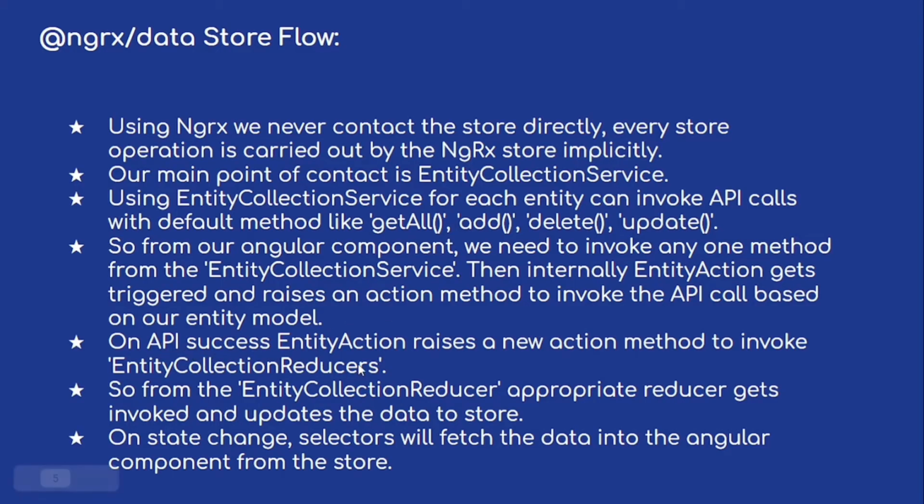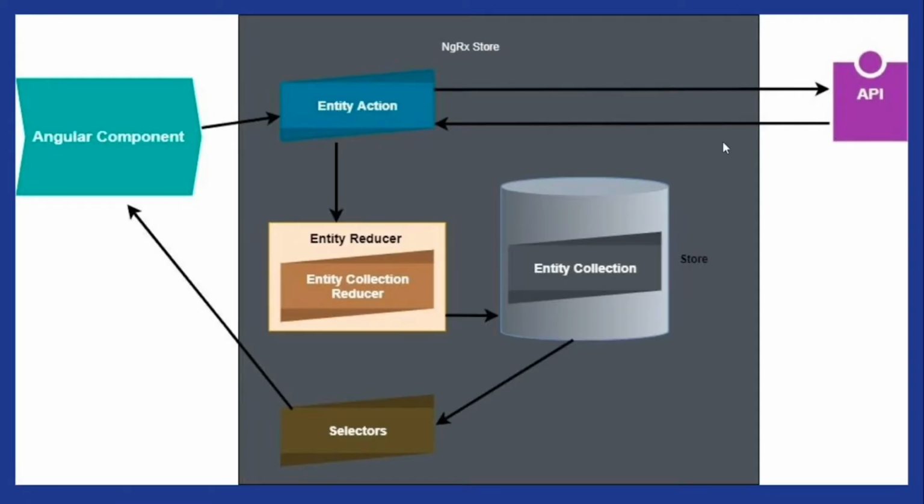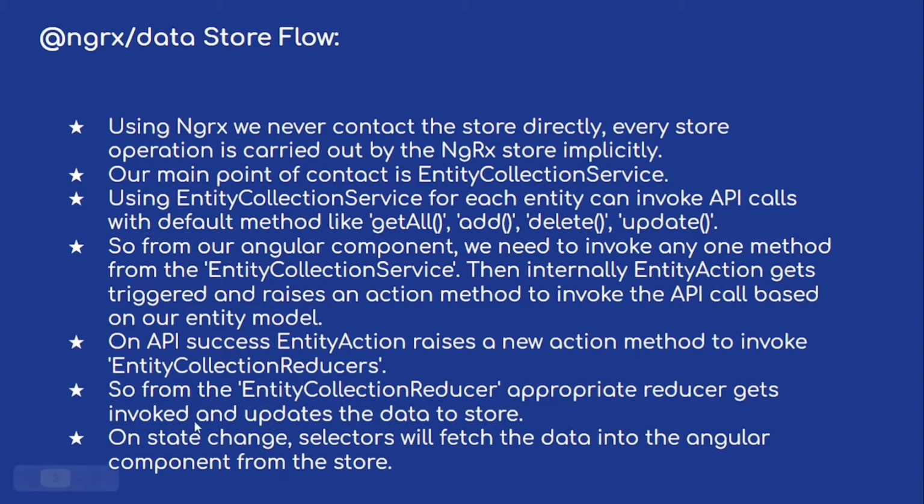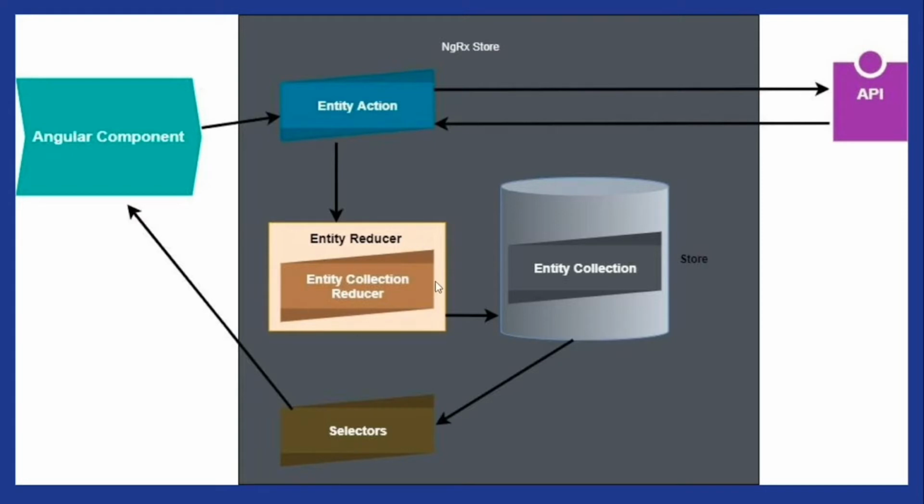On API success, the entity action raises a new action method and invokes the entity collection reducers. So once the response is successful, a new entity action will be raised and it invokes the entity reducers. From the entity collection reducers, the appropriate reducer gets invoked and updates the data store. It is also a collection of reducers. From that collection, the appropriate reducer will be invoked and the data will be passed to the entity collection in the store.